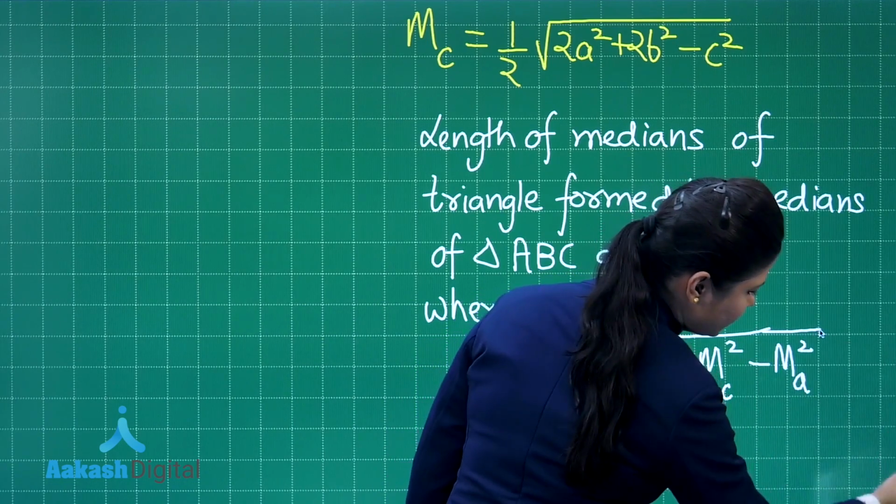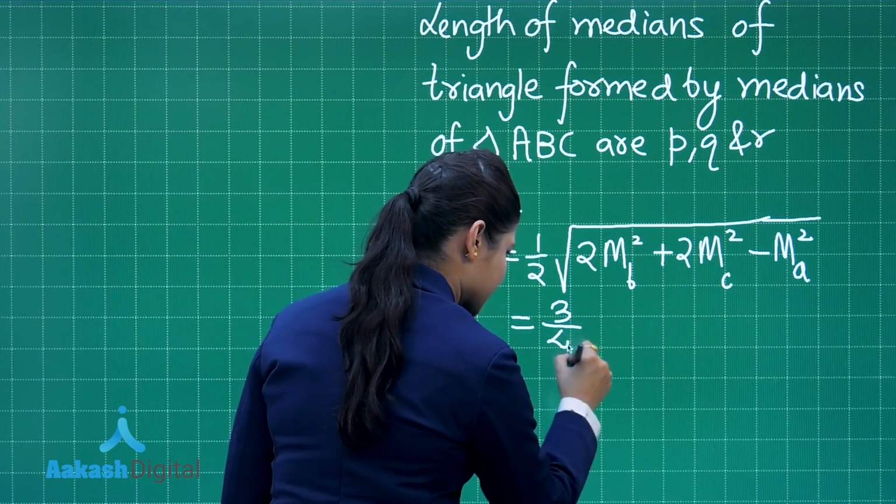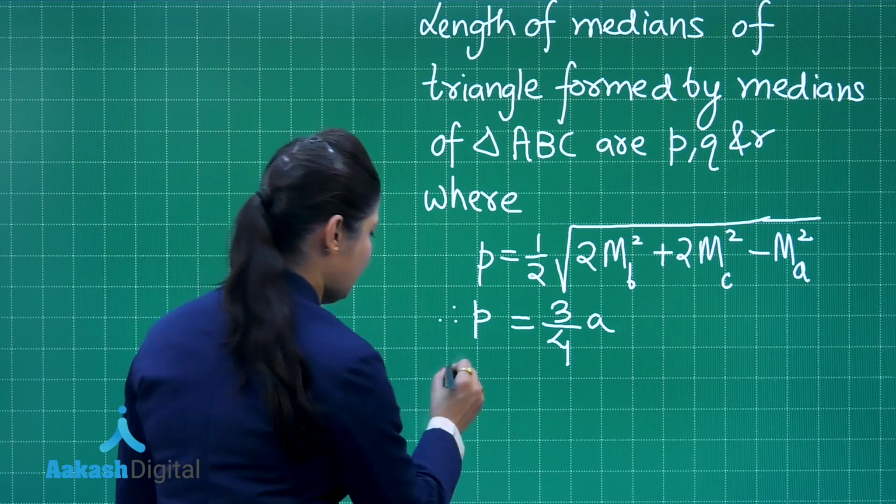And when you simplify this, you are going to get the value equal to 3 upon 4 times a. Therefore, I get the value of p equal to 3 upon 4 times a.